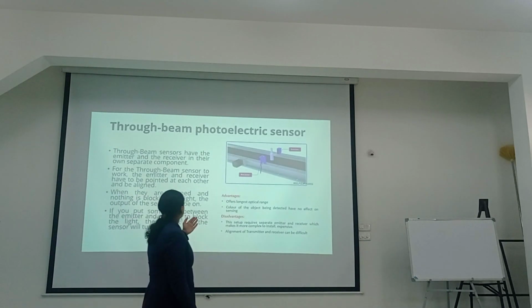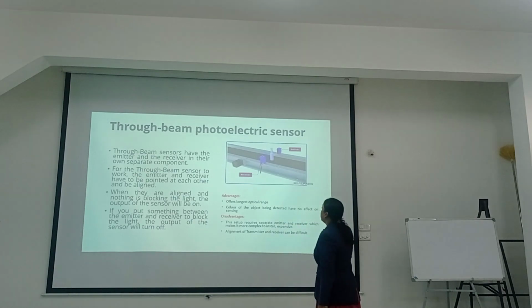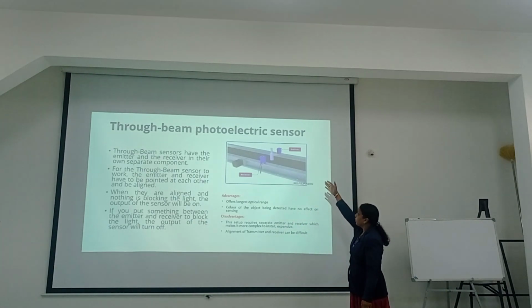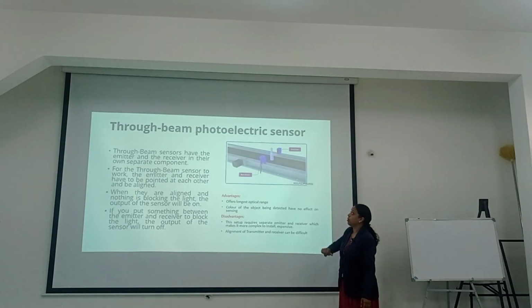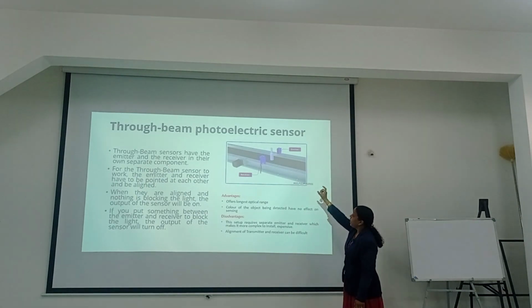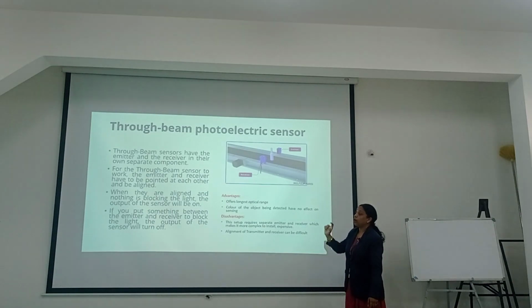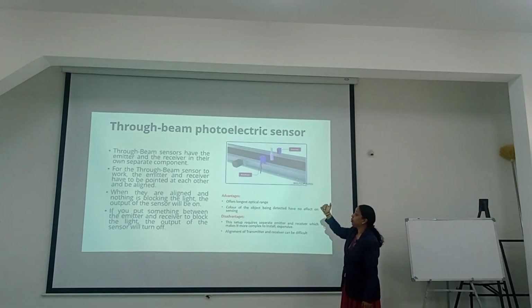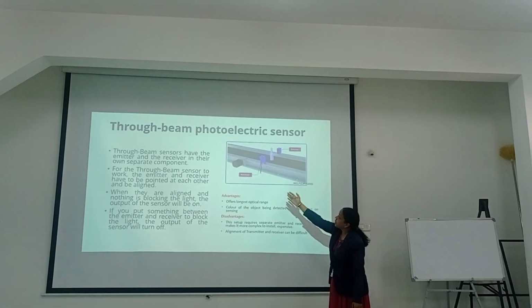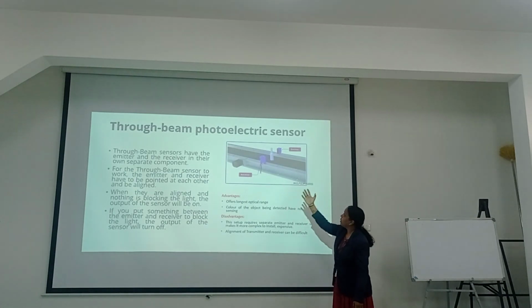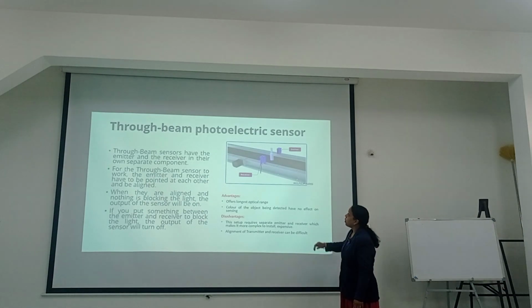So if you see this through beam photoelectric sensor, it consists of an emitter and a receiver which are connected separately. Here it is used to detect the presence of the object which is moving. The light will be emitted by the emitter and the receiver will be detecting the light emitted by the emitter.